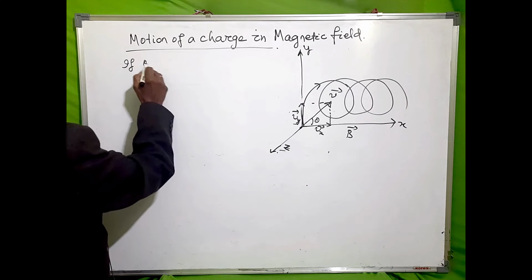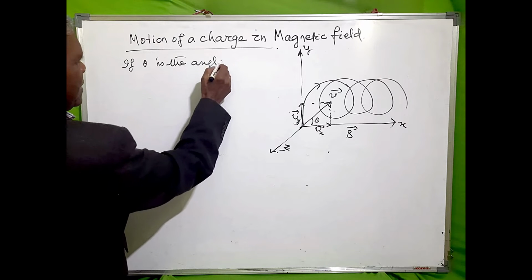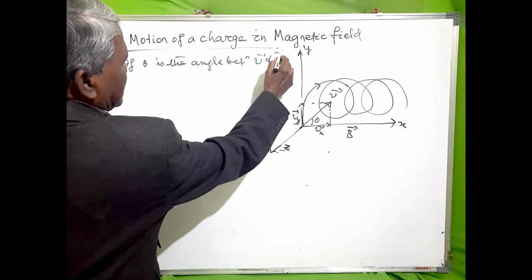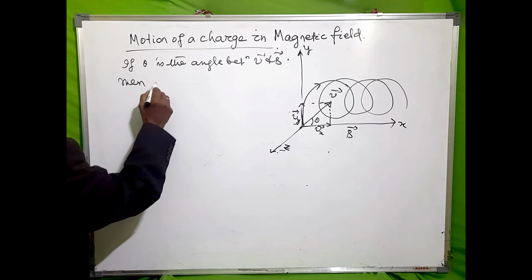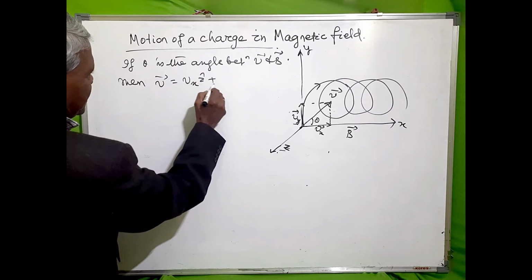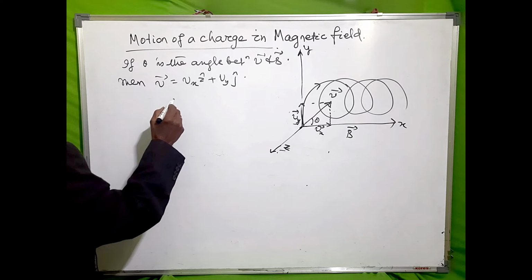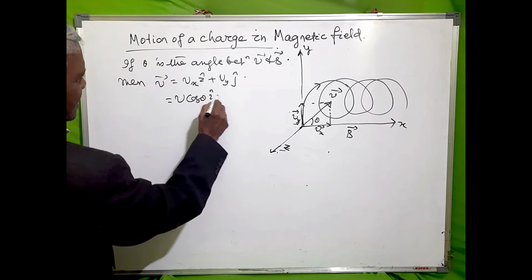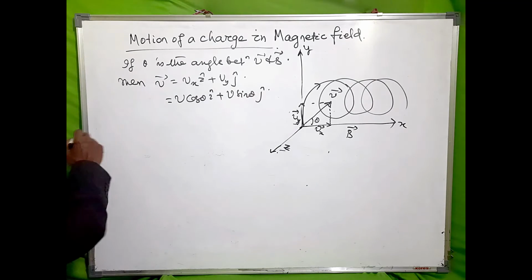If theta is the angle between V and B, then V is equal to Vx i cap plus Vy j cap, or this is V cos theta i cap plus V sin theta j cap.